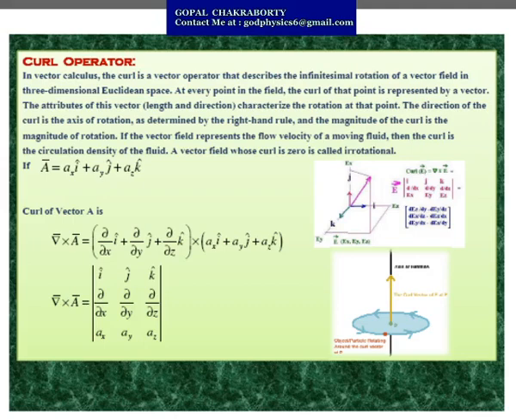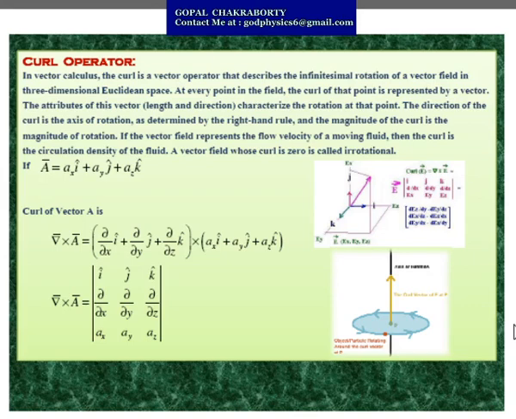Now the last one, that is the curl operator. In vector calculus, the curl is a vector operator that describes the infinitesimal rotation of a vector field in three-dimensional Euclidean space at every point in the field. The curl at a point is represented by a vector.